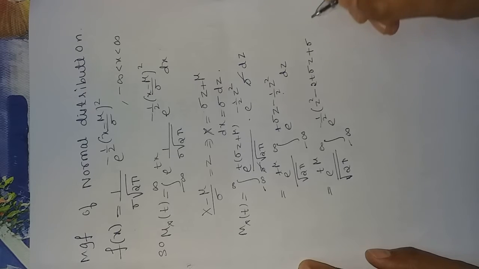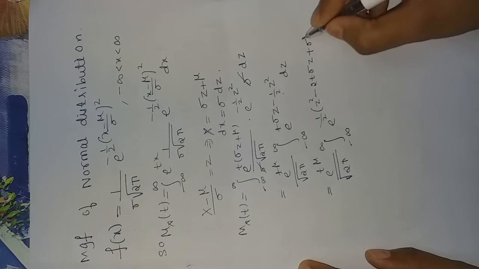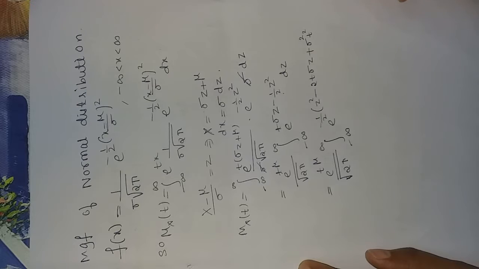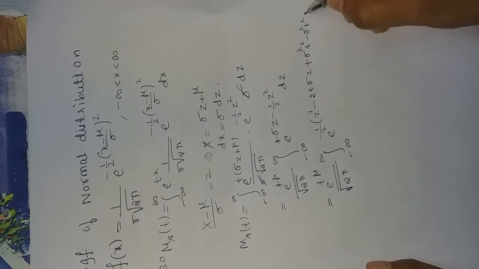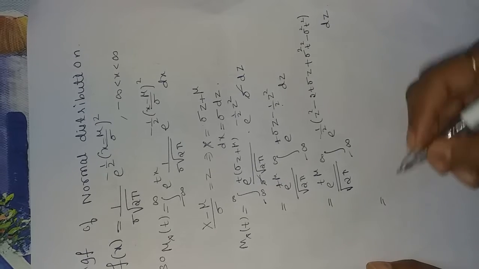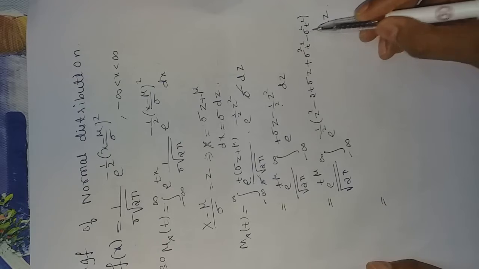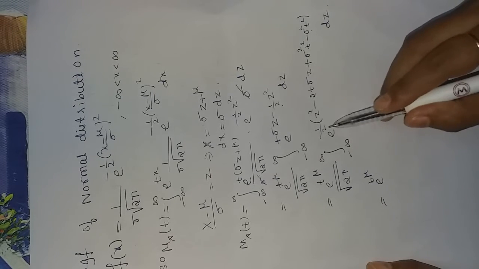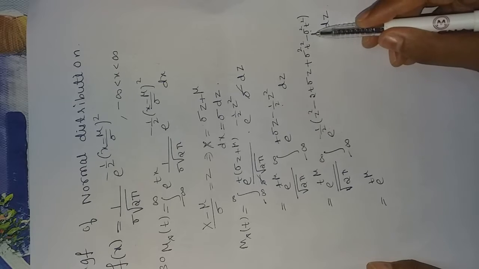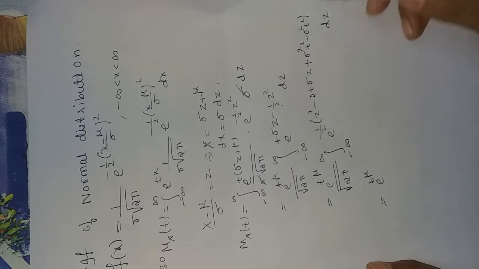To simplify this further, or to complete the square, we have to do a small adjustment, that is by adding sigma square t square and subtracting sigma square t square. So we'll take this minus sigma square t square outside the bracket. e power minus half into minus sigma square t square will be e power sigma square t square upon 2.